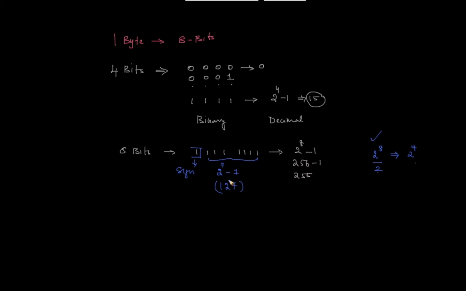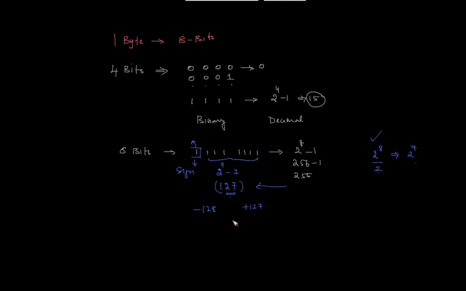So that is why you see exactly half of what you can store, right? So if you need the sign also, the magnitude of numbers you can store is exactly half of this. So from minus 128 to plus 127 is what you can store if you have 1 byte of data and you want to store the sign also, right?